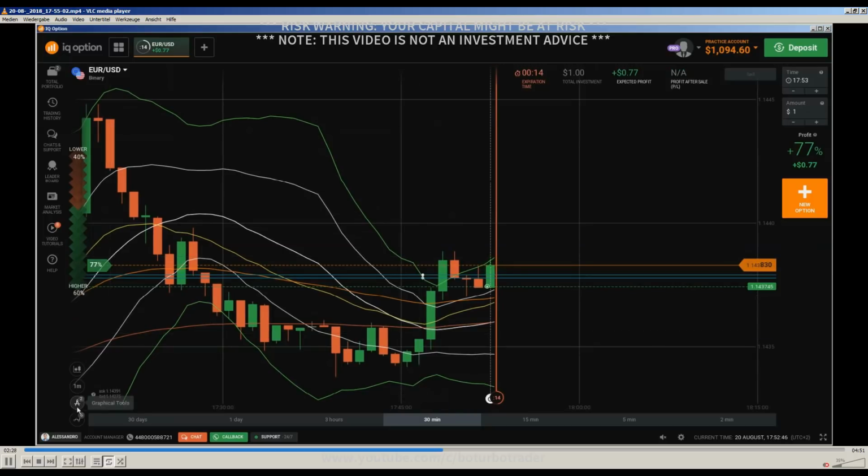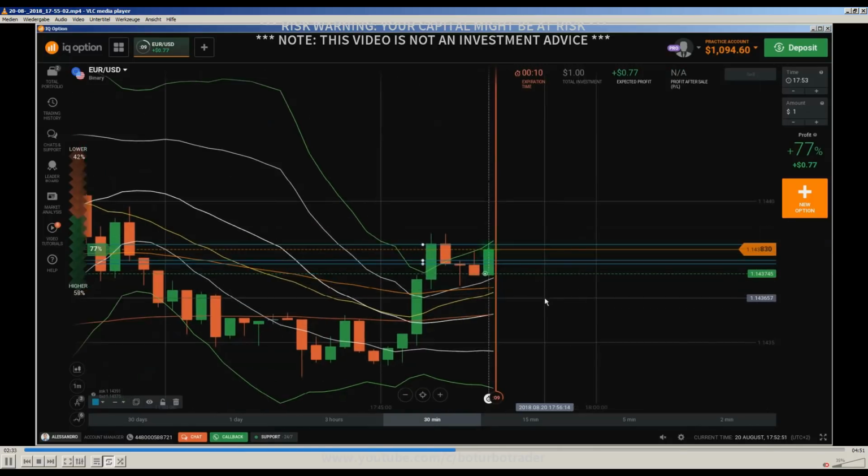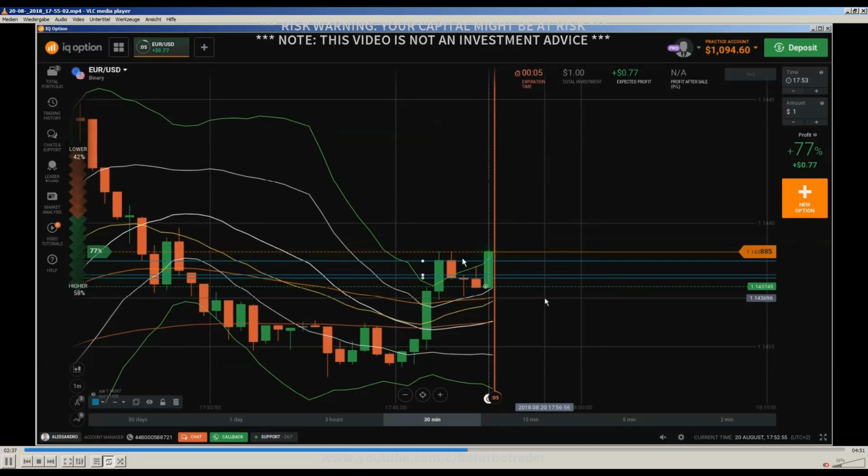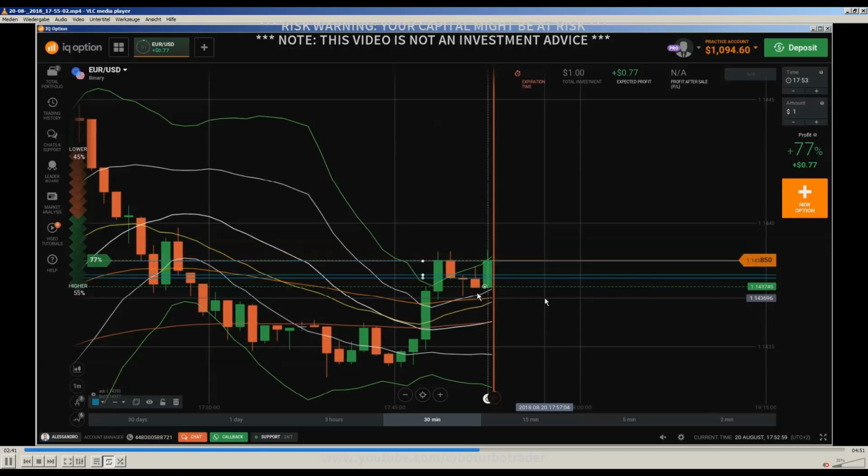And that is what I've tried to explain to you with these kinds of videos which I'm showing you. Most traders would have gone for a put after this kind of candle, only because they would understand this as trend continuation.